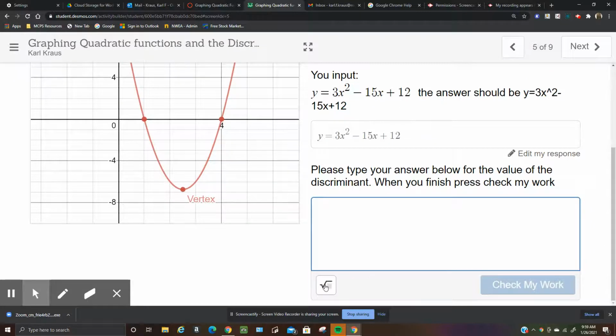And then the discriminant, my b value is negative 15. Put that in parentheses, square it. 4 times 3 times 12.